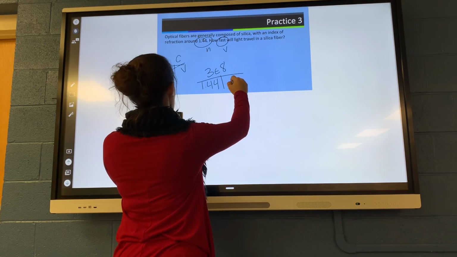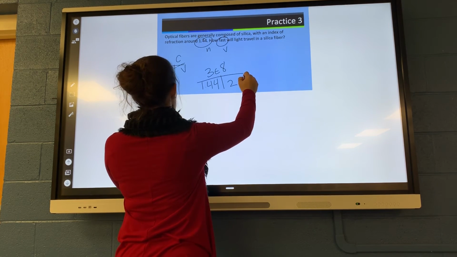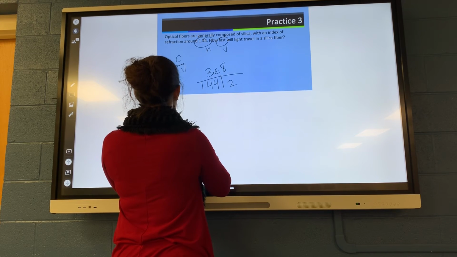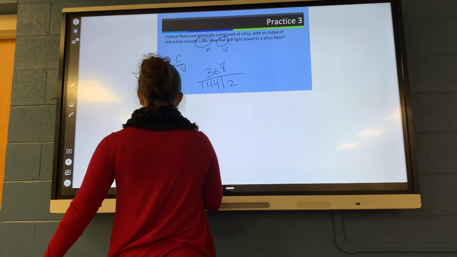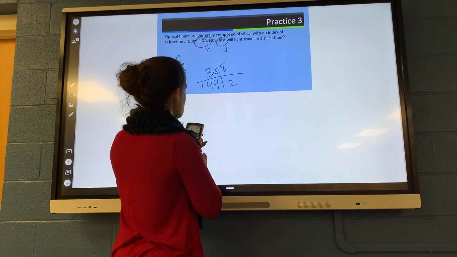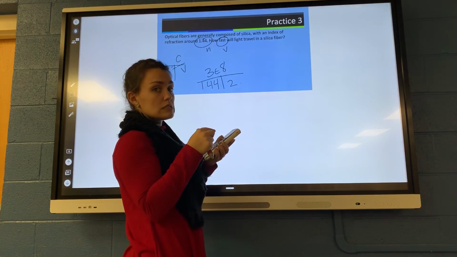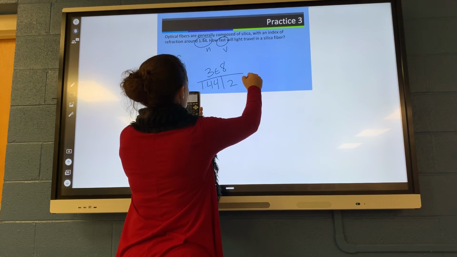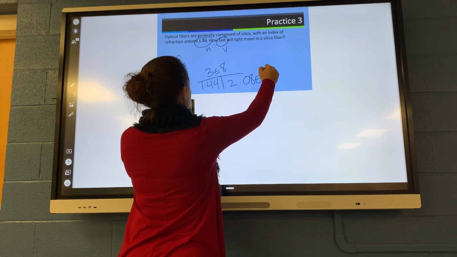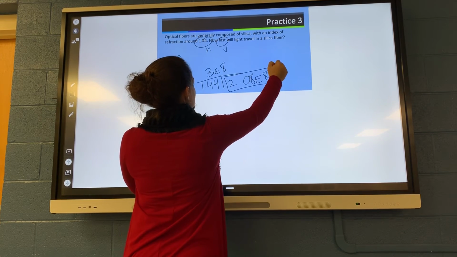Let's see. 2 point... Oh, let me convert it. All right. So if it didn't give it to you in scientific notation, you know how to go to second and then change it to scientific notation. All right. So 2.08E8 is your speed.